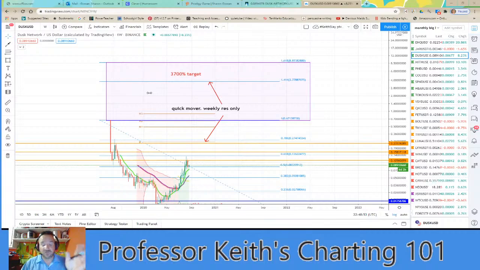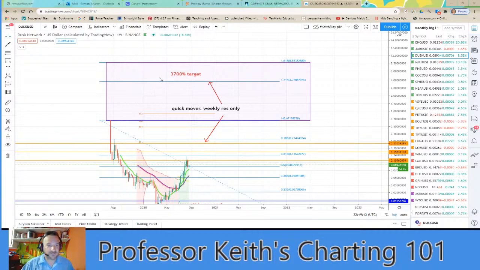Hardly any resistance. There's no monthly resistance. It's only weekly resistance. So you're really looking at 3 weekly lines, not a single monthly line. We're going to have higher percentages on Dusk. It's going to move really rapidly once it gets up past the pivot on the monthly or weekly. Once it gets past the pivot, it's off the races, much like HBAR.